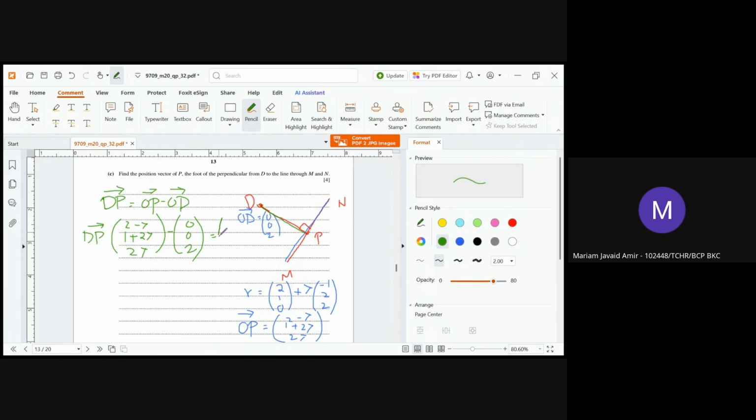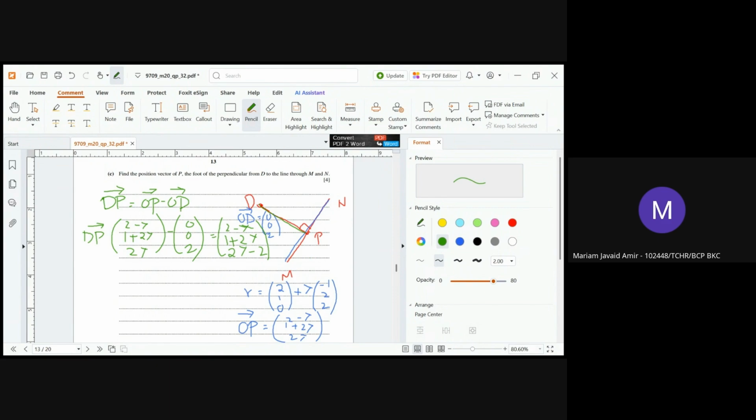Which gives us 2 minus lambda, 1 plus 2 lambda, and 2 lambda minus 2. That's the vector DP.